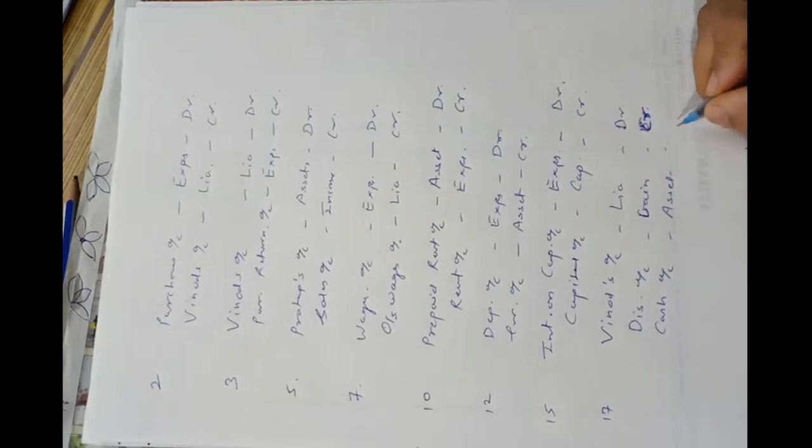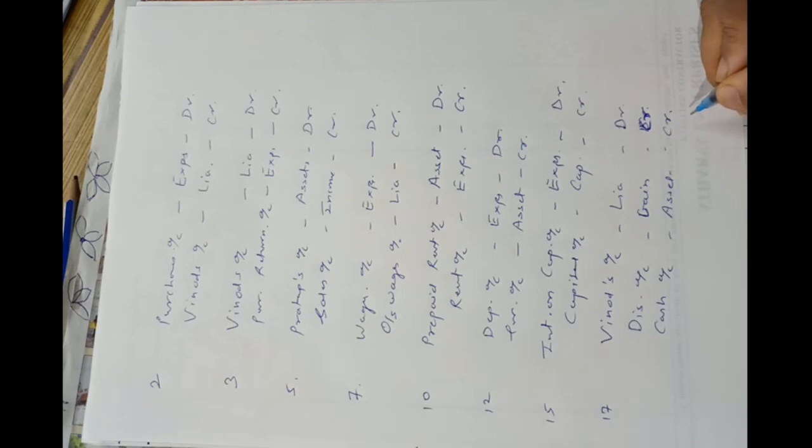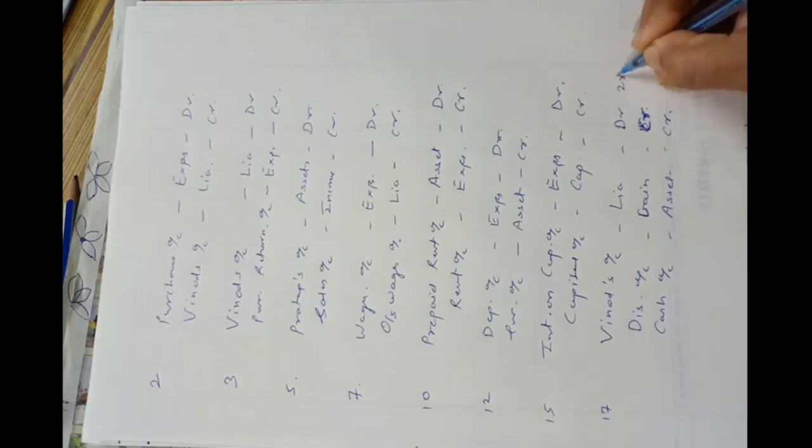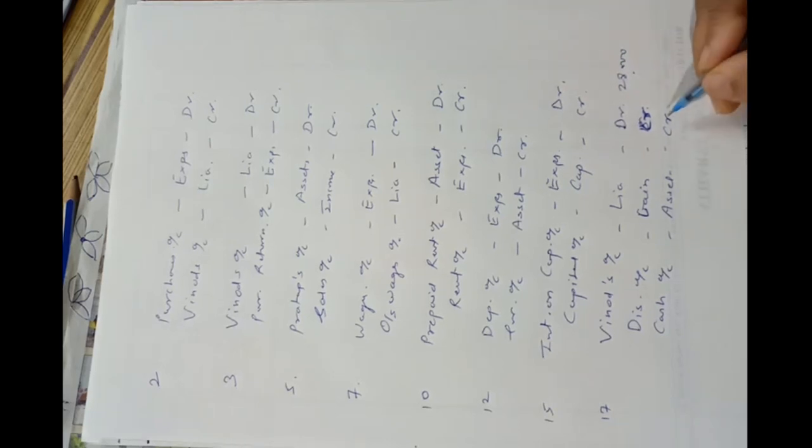And cash, as we are paying cash, our cash asset decreases, so cash account will be credited. Okay, so entry will be Vinod's account debit. It will be debited by ₹28,000 to cash account, to discount account. Discount is our gain. When there is gain and it increases, it should be credited.